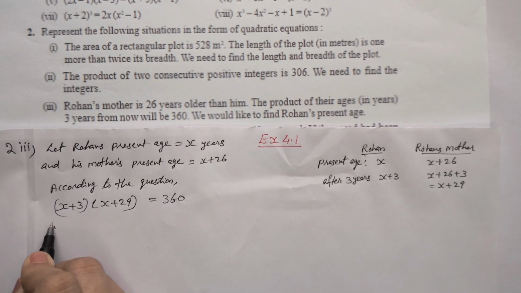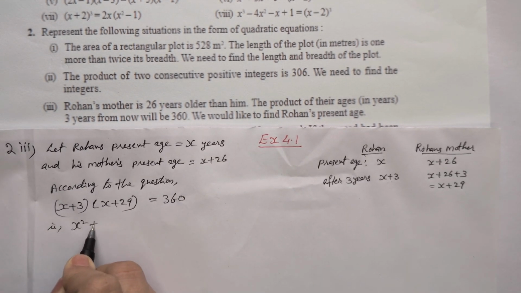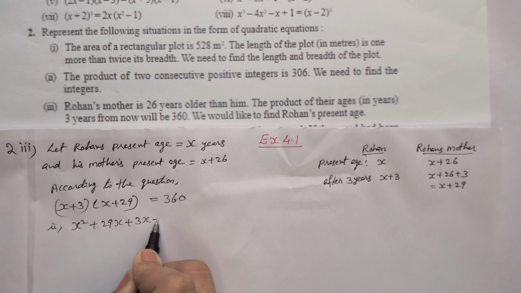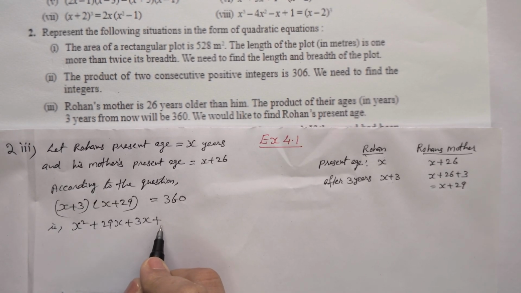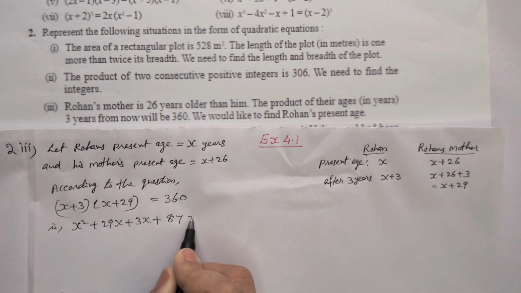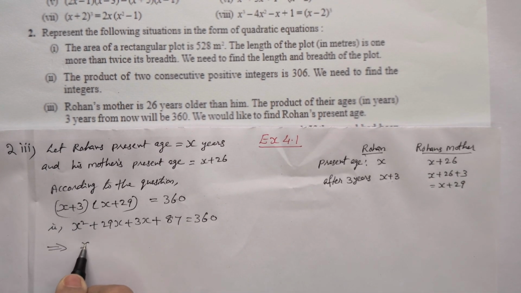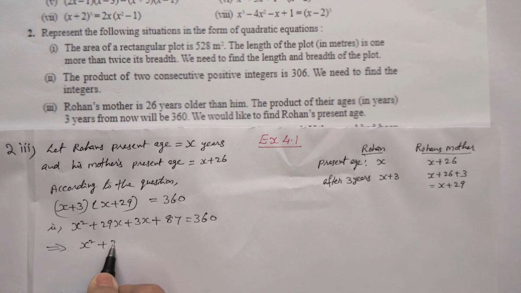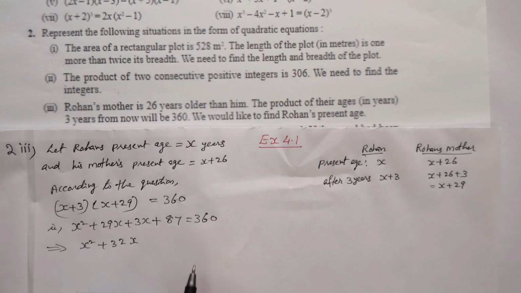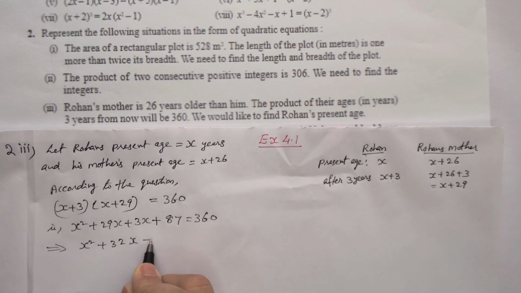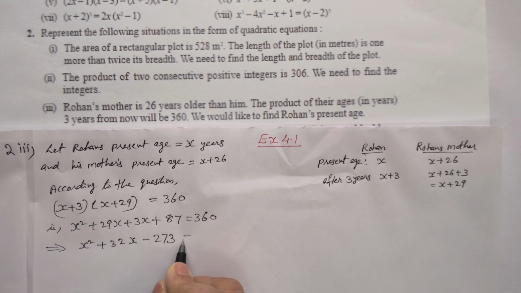That means h square plus 29h plus 3h plus 29 into 3, that is 87, is equal to 360, which implies h square plus 32h, then 87 minus 360, that means minus 273, equal to 0.